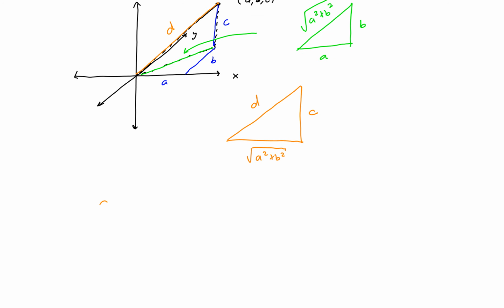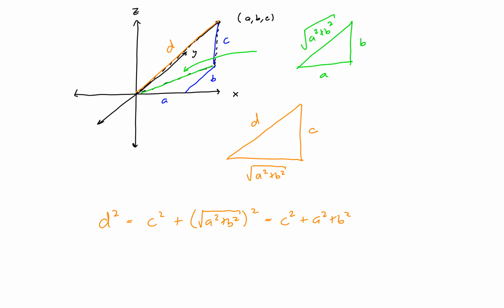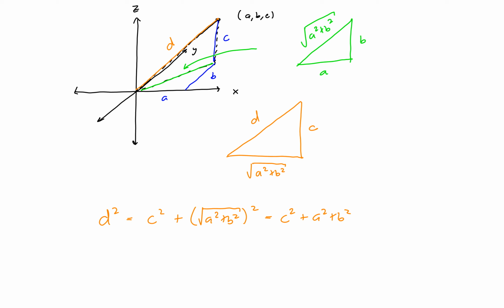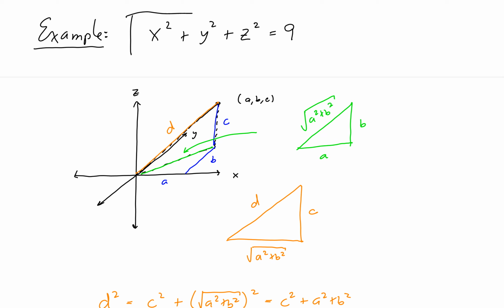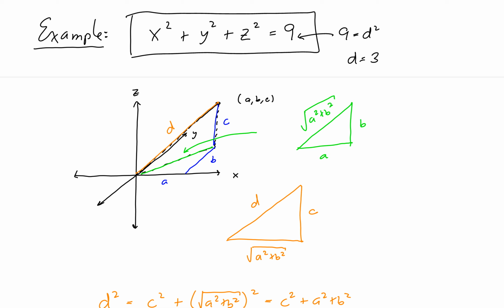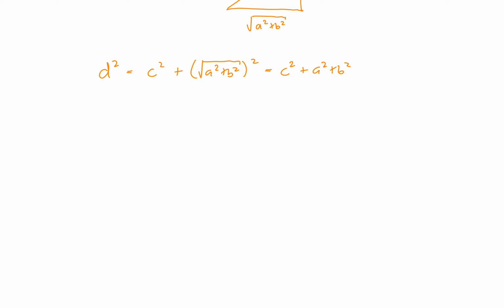So now D squared is C squared plus the square root of A squared plus B squared, squared, which is C squared plus A squared plus B squared. So using that, when I look at this equation up here, this equation is telling me my distance squared, 9, is D squared. So D is equal to 3. So these are all of the points that are distance 3 from the origin.